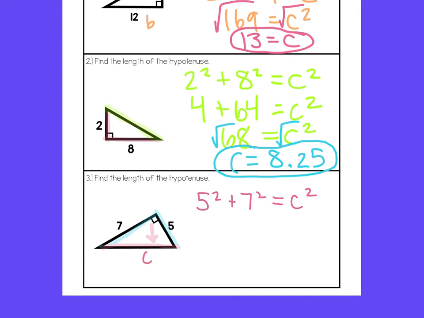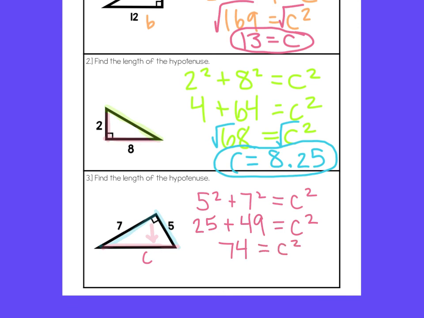This is c. All right, 5 times 5, 5 squared is 25, plus 7 squared, 7 times 7 is 49, equals c squared. 25 plus 49 is 74, equals c squared.